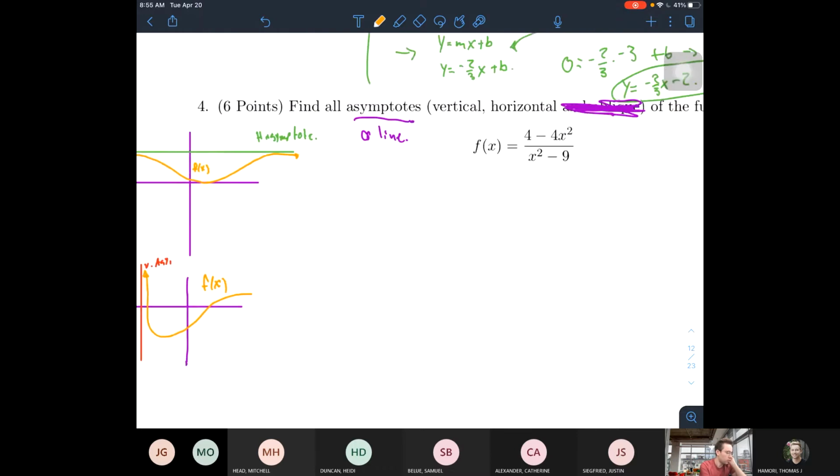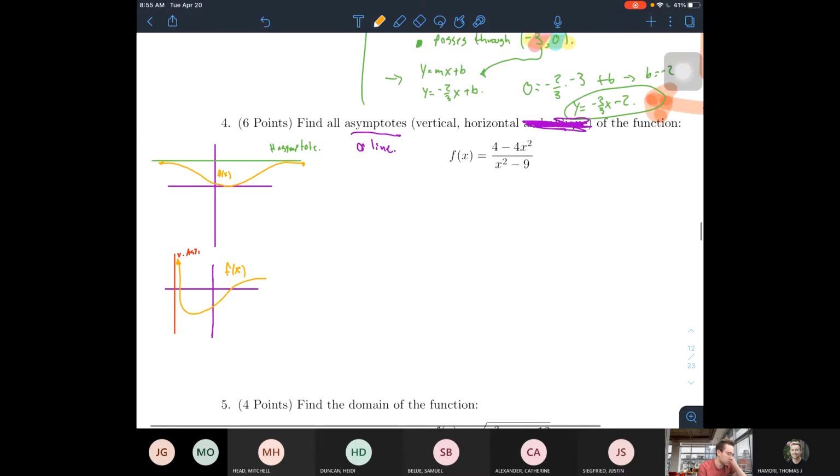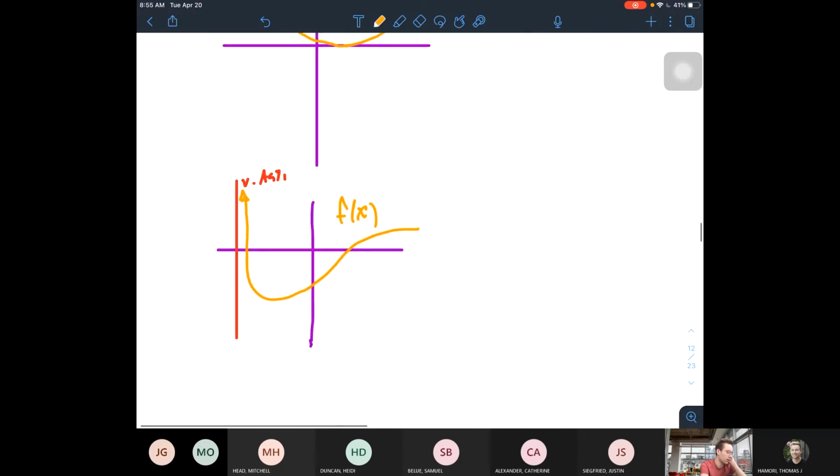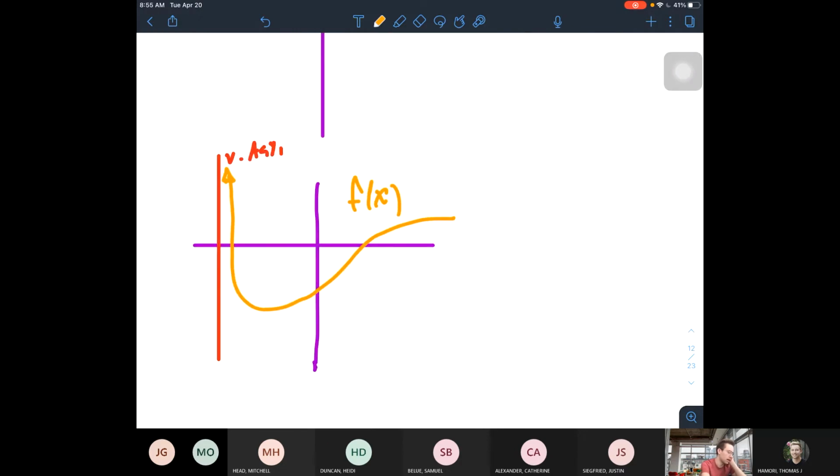And remember, what we said about vertical asymptotes is that they are really the ones where the value of the function is blowing up. Something really bad is happening to the function at a vertical asymptote because the height of the function is going to infinity or to negative infinity. Okay, so it could also be going down like this, right?